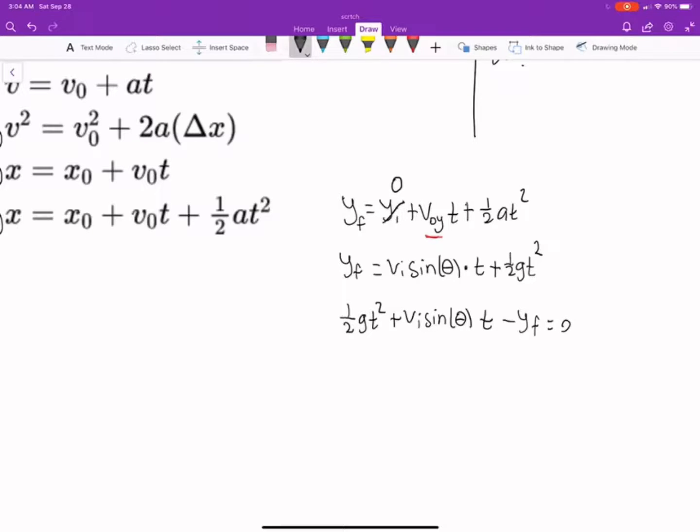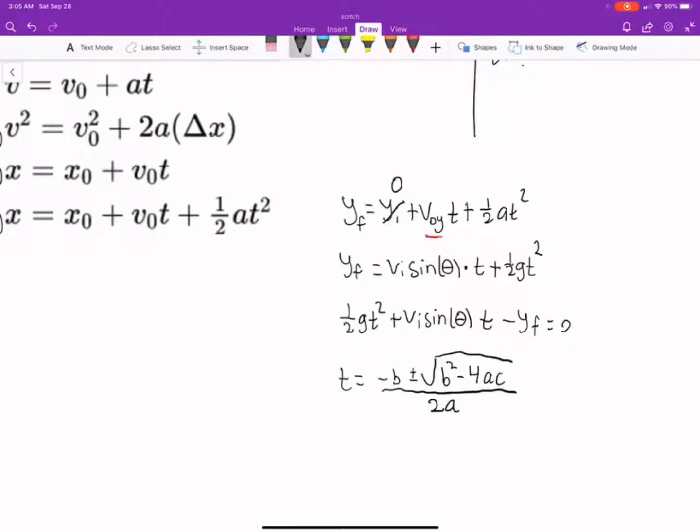And if you remember the quadratic, t is equal to negative b plus or minus the square root of b squared minus 4ac, all divided by 2a.